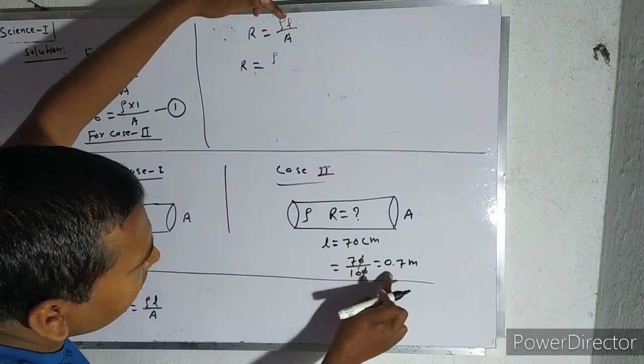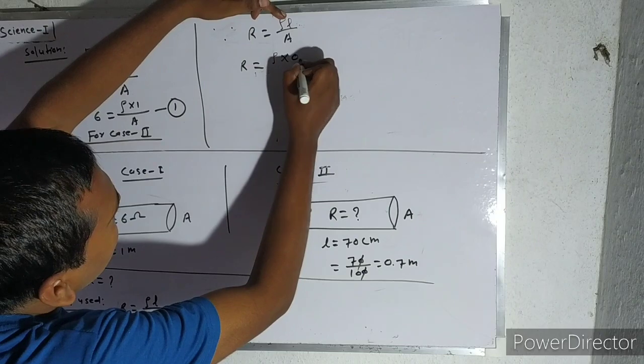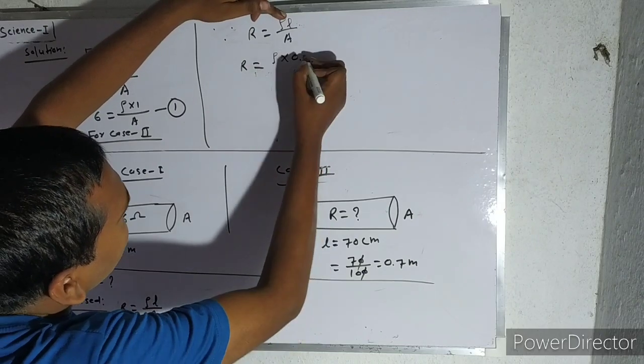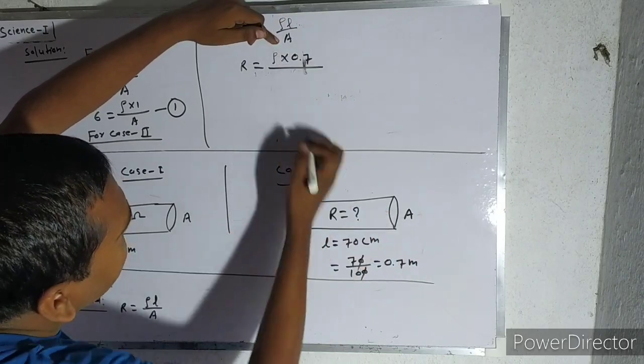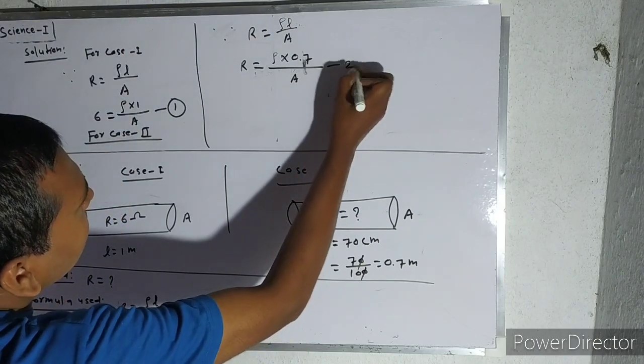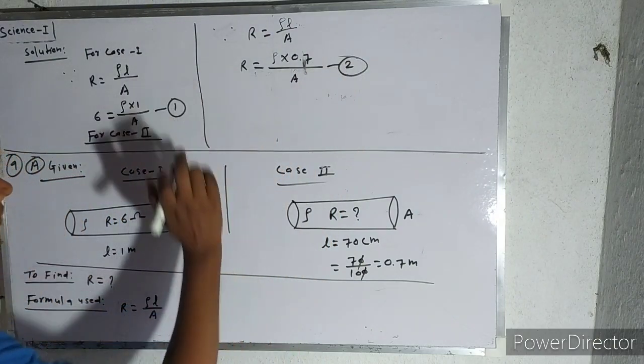L is equal to 0.07 upon A. Equation number 2.